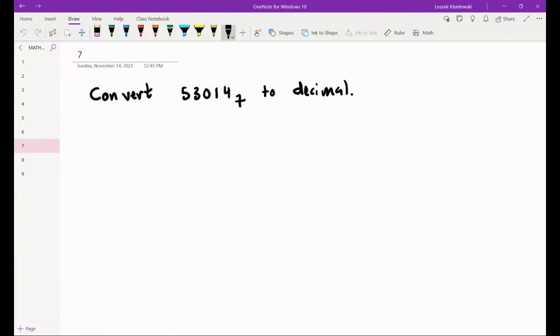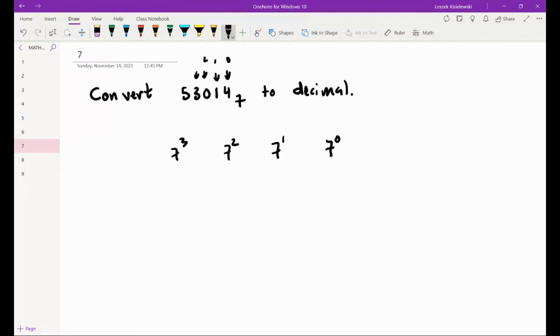Well, I'm thinking turning non-decimal integers into decimal is easier, right? Because you just write this out. We have consecutive powers of 7. So 7 to the 0 or 1, 7, 7 squared, 7 cubed. So that's the 0th place, I guess.